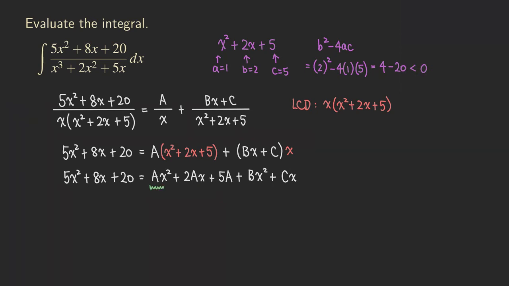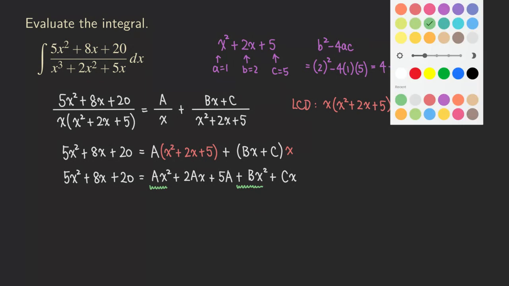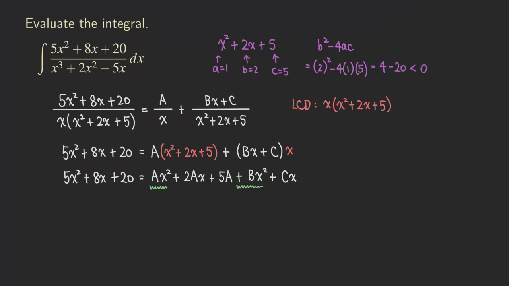So let's group the like terms together. We have ax squared plus bx squared. And then also the linear terms: this term here has an x and that also has an x. Then you're left with just the constant term, so we don't need to do anything there.